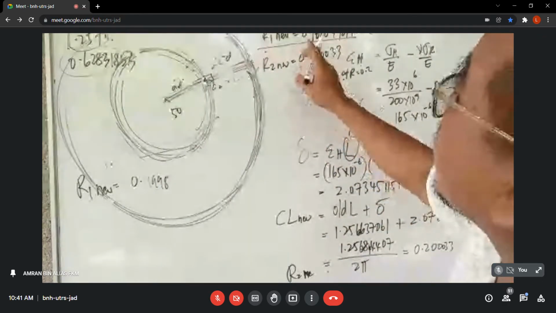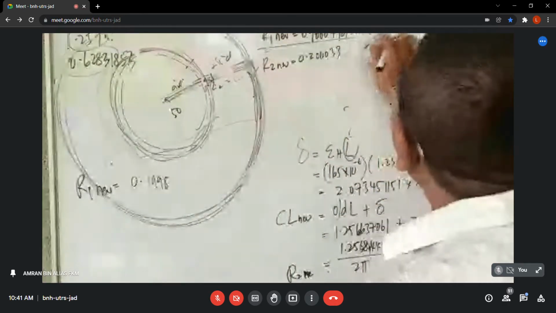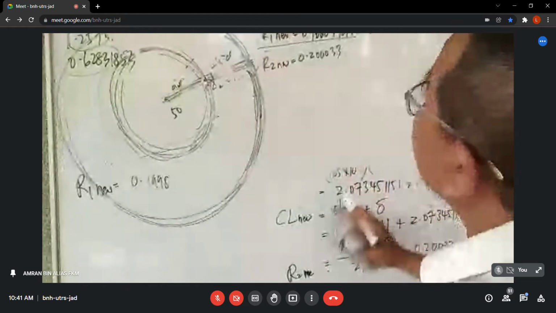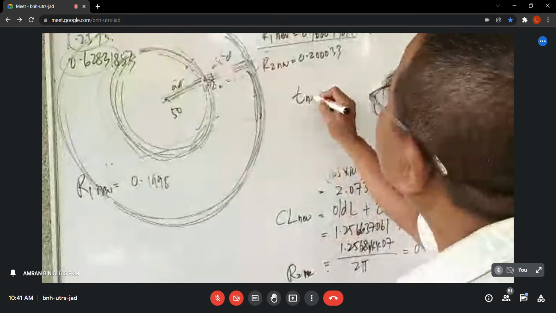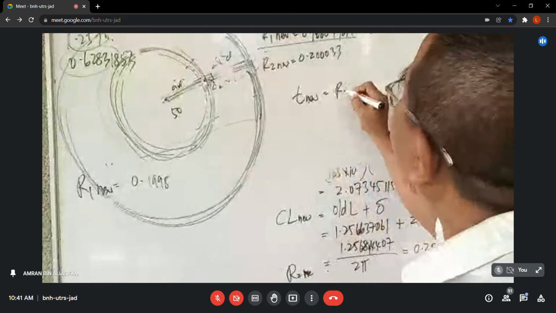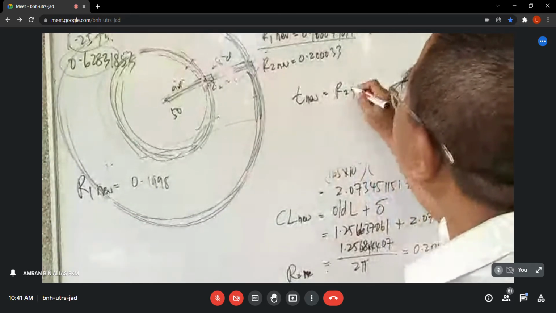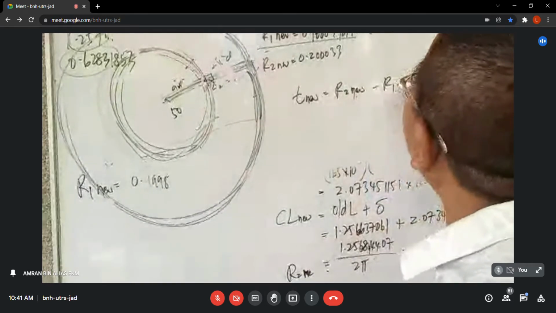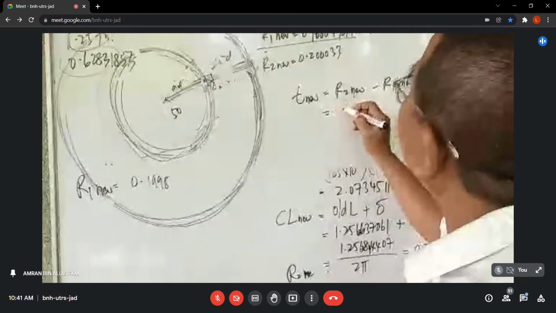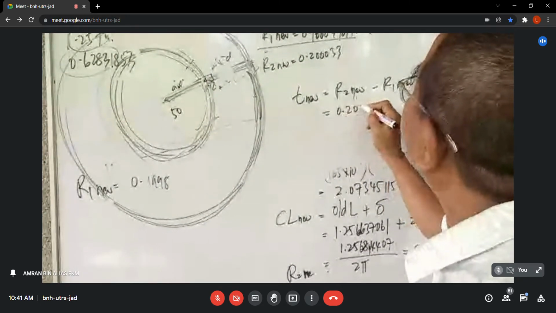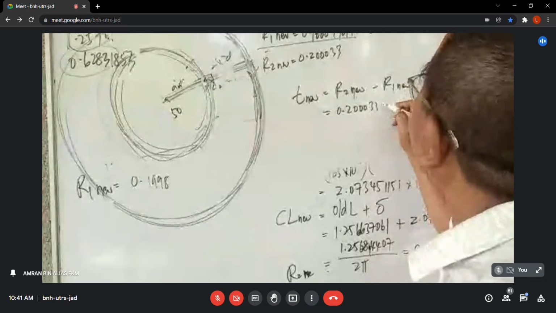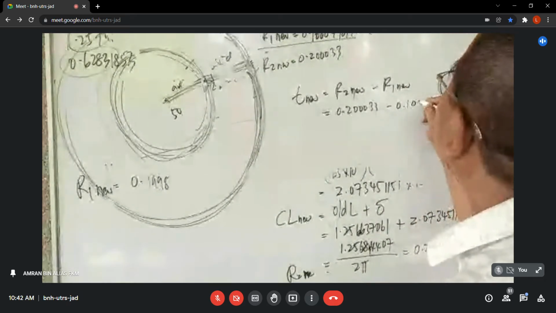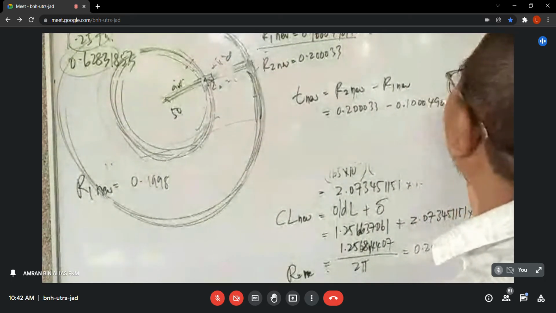Yes. And now you minus it. What's the new thickness? R2 new minus R1 new. So what do you have there? 0.20033 minus 0.10004919.